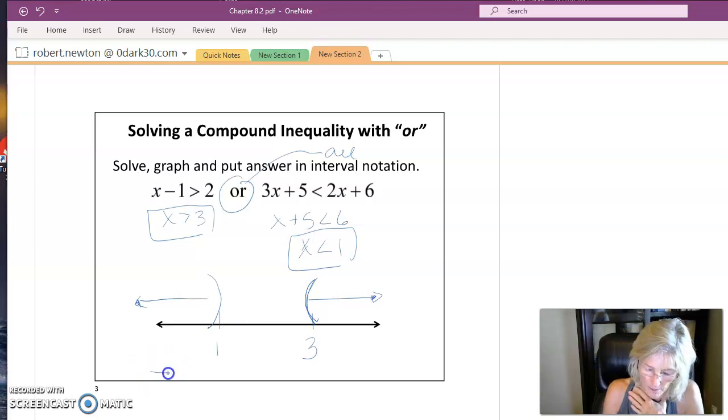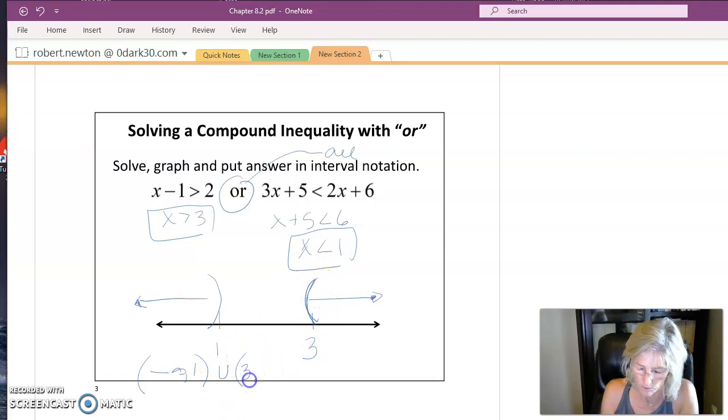Everything from negative infinity, because we always start from the left. It stops at 1, and I've used parentheses on the infinity, and I've also indicated the parenthesis on the 1, just like the graph. Union, because I'm looking for all solutions, and it starts again at 3.